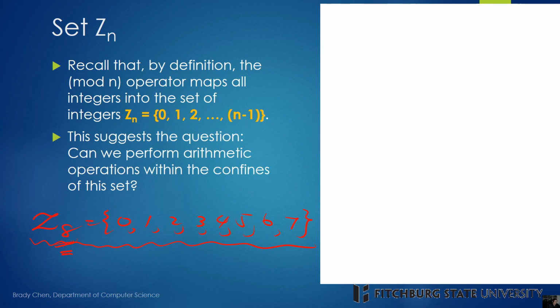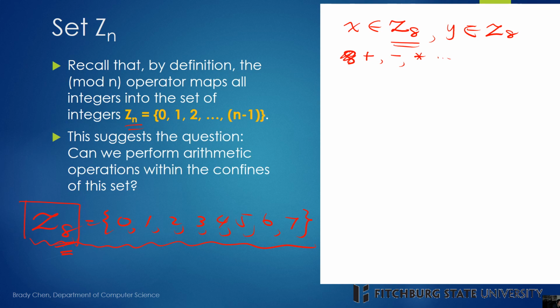Now this gives us a suggestion: can we perform arithmetic operations within the confines of this set? In other words, let's just take an example of Z8. We forget about general Zn, it's basically the same. So let's say X is an element in Z8 and Y is an element in Z8. Can we define operations like plus, minus, multiplication within this set?